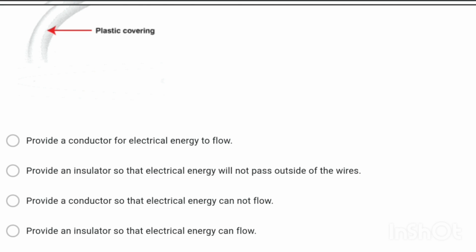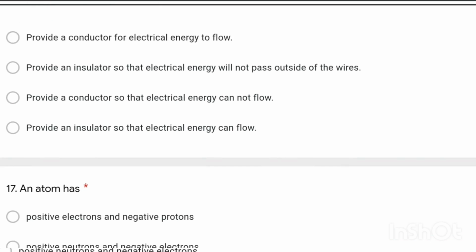So this is an insulator and it does not have any role in the flowing of electricity. It is to prevent electricity from coming out. So the second option will be the correct answer: provide an insulator so that electrical energy will not pass outside the wires. Then what will happen? We will not get any kind of electric shock. Move on to the next question.